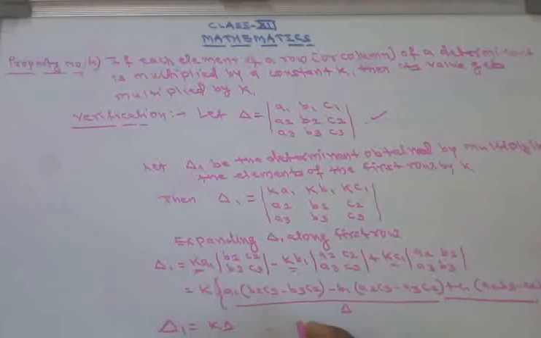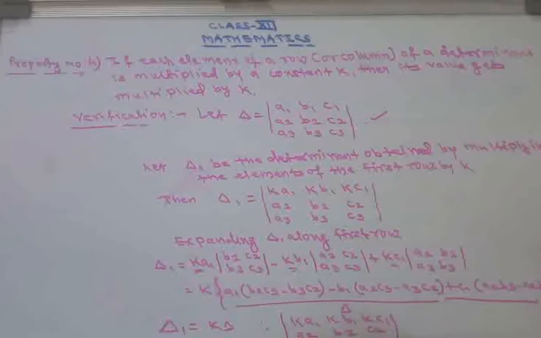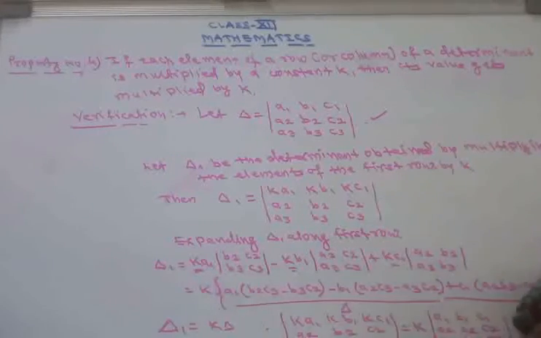Therefore I can write: the determinant with k a1, k b1, k c1, a2, b2, c2, a3, b3, c3 equals k into the determinant a1 b1 c1, a2 b2 c2, a3 b3 c3. So this is your property number 4.